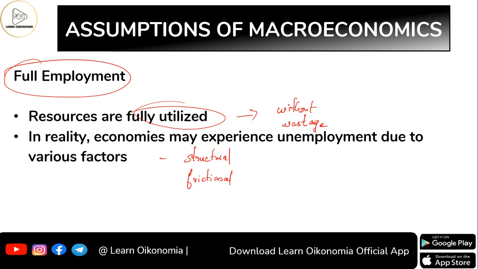This is not only with respect to labor, it happens to all factors of production. Whether we are utilizing the factors fully and in an efficient manner is something we have to ask ourselves, because sometimes there would be wastage of resources.